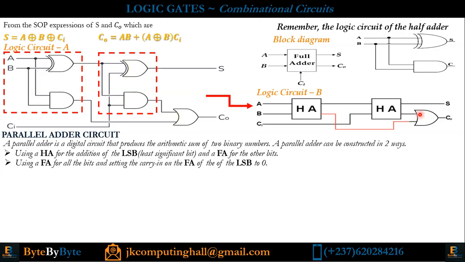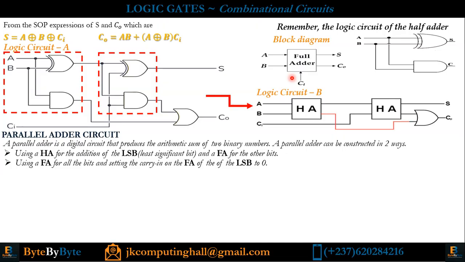Adding A and B using half adders is the same thing as adding A and B using full adders and setting this one to 0, because remember, in addition, 0 plus anything does not change the result. That is why these are the two ways in which you can add two binary numbers. Either you use one half adder for the least significant bit and full adders for the rest, or you use full adders for all the bits and you set the carry in on the full adder of the least significant bit to 0. These are the two ways.